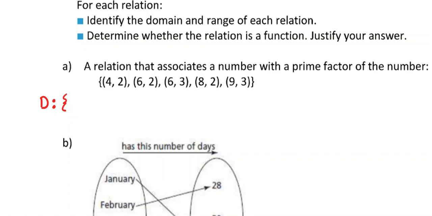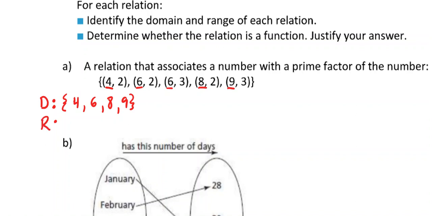And then our domain values are all of our x values here. So that's going to be 4, 6, 6, 8, and 9. But we don't need to write the 6 multiple times. It's just going to be 4, 6, 8, and 9. And then close the squiggly bracket. How do you squiggle? You just draw 3.